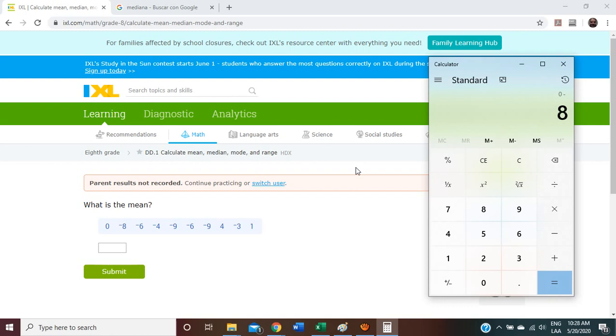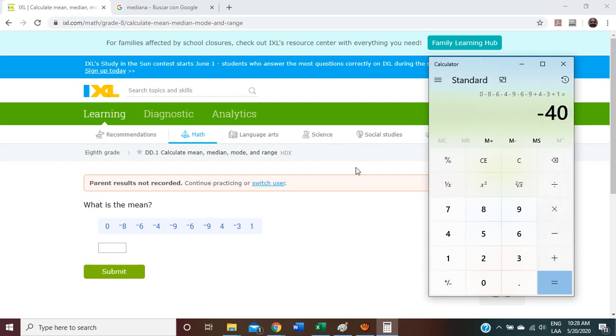Okay, instead of saying plus minus, I am going to just say minus. 0 minus 8 minus 6 minus 4 minus 9 minus 6 minus 9. This is positive, so it's plus 4 minus 3 plus 1.